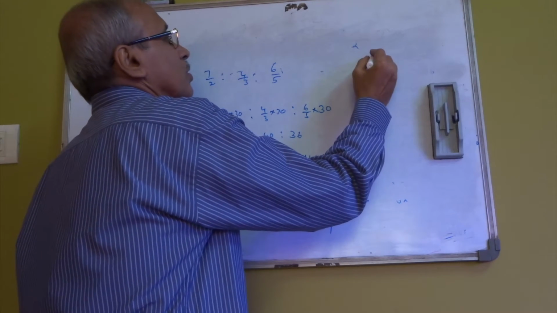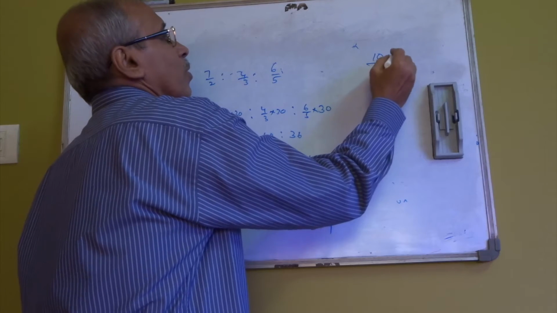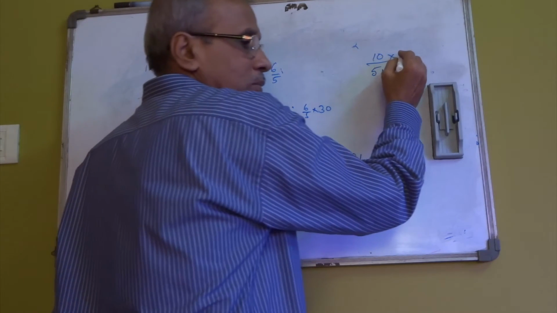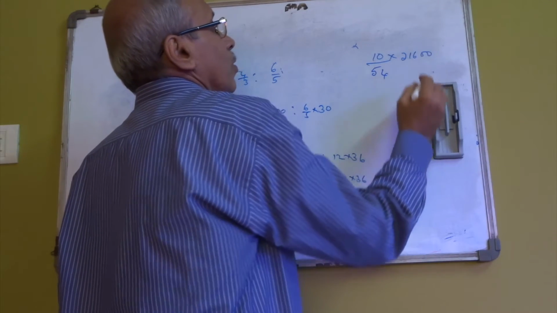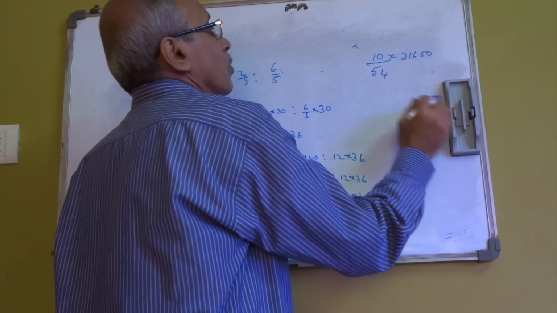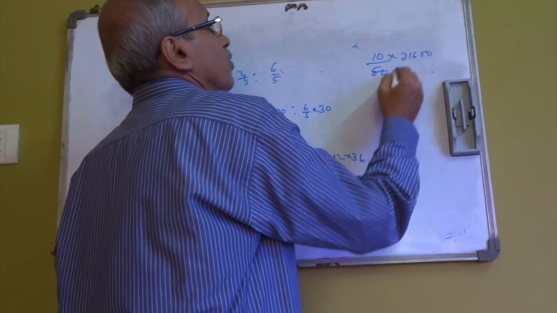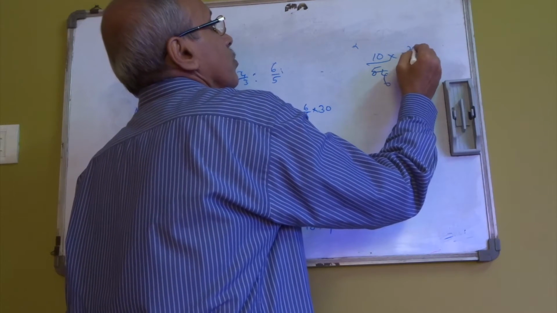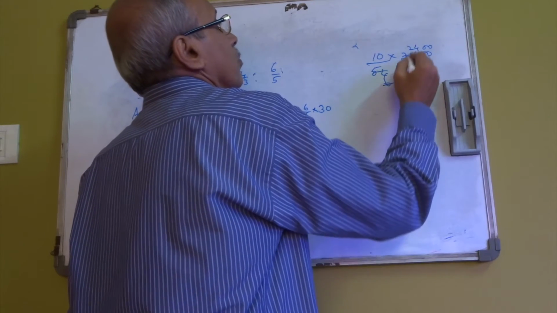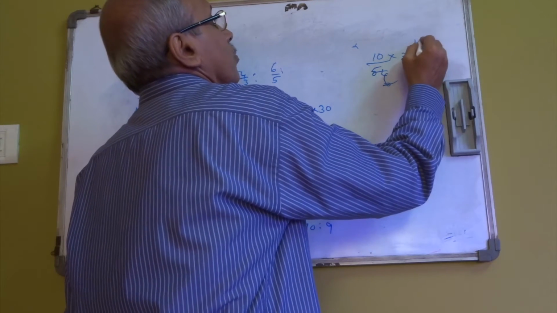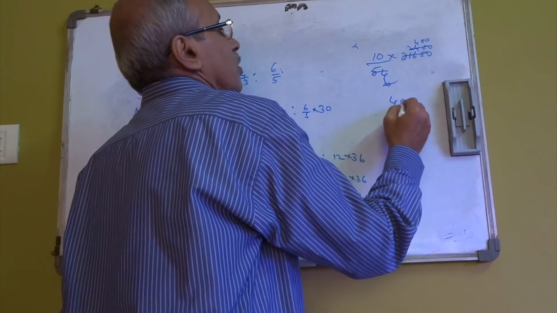The share of B is 10. The profit is 21,600. 21,600 divided by 54 is 400, times 10 is 4,000.